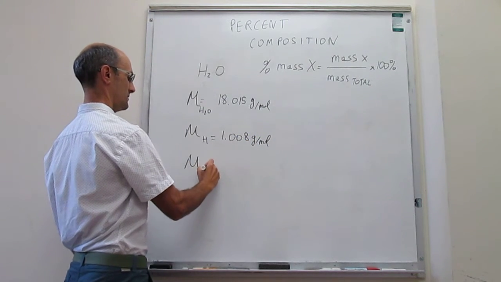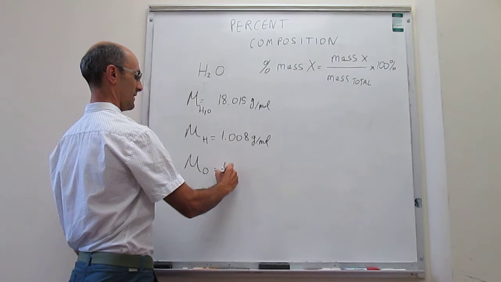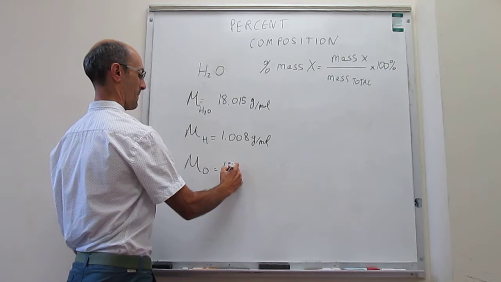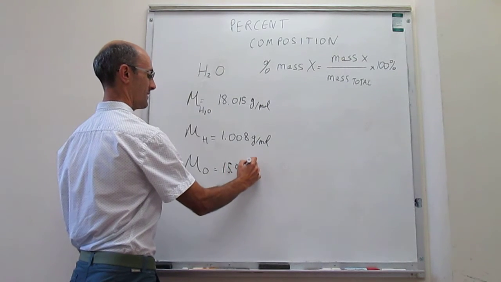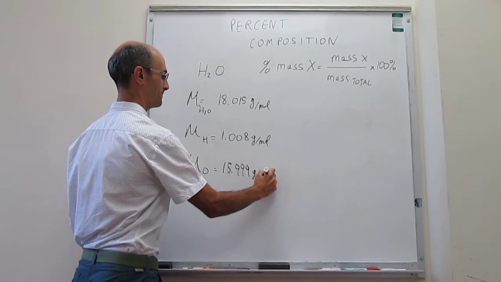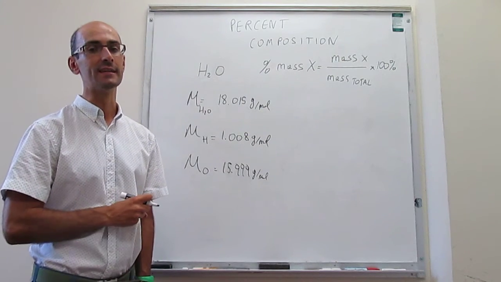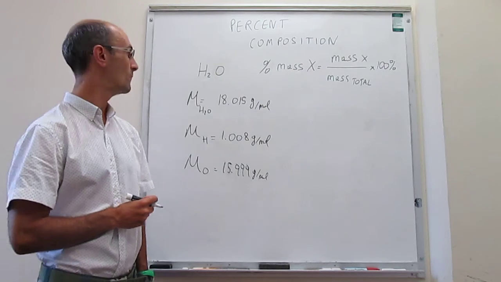And for oxygen, this is equal to 15.999 grams per mole. So then the question now is to try to figure out what is the mass of hydrogen and oxygen in that mole of water.